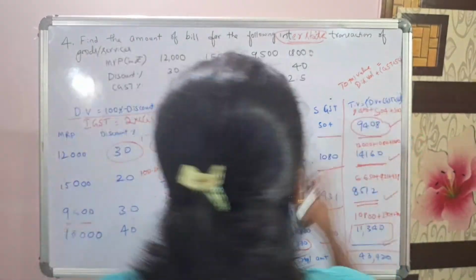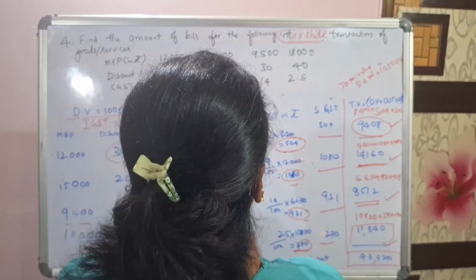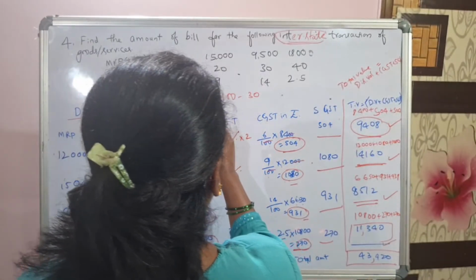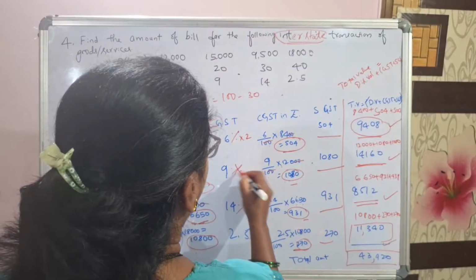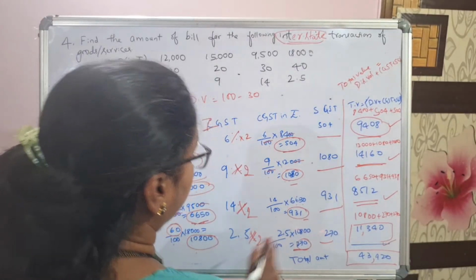So here 6% into 2, and again for the IGSTs, 9% into 2, 14 into 2, and 2.5 into 2.